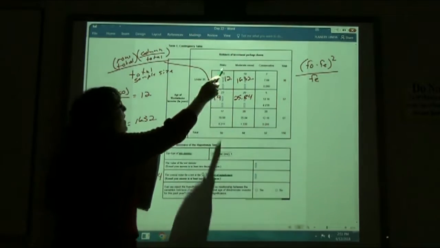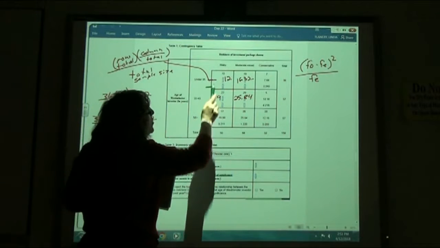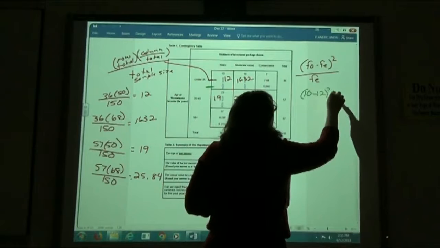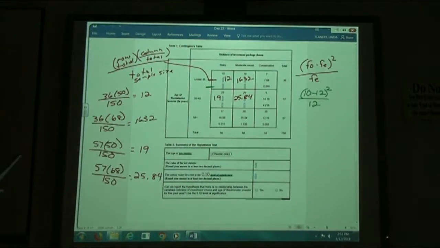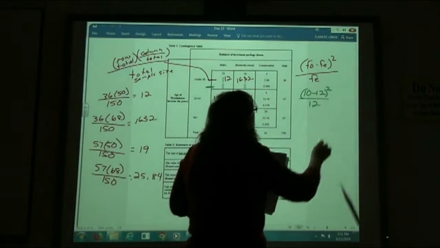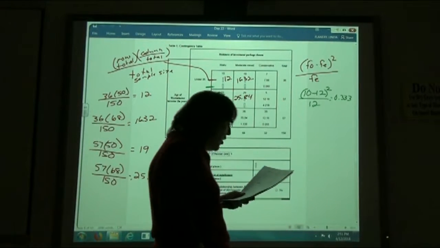So my observed frequency is 10 minus my expected frequency is 12. 10 minus 12 squared divided by 12 would be the number for the first box. If I do my calculation there, I get 0.3333, so forth and so on.